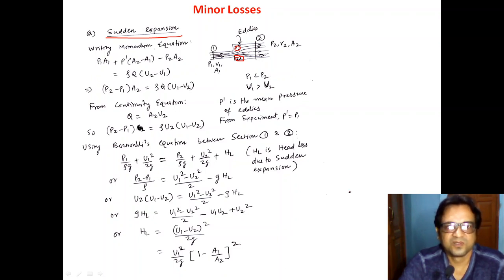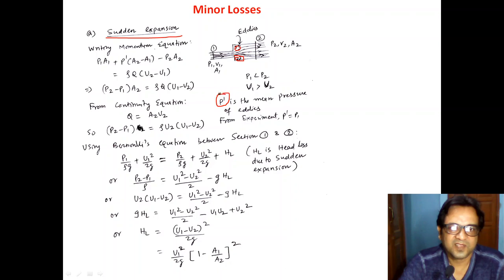So we can write down the momentum equation between section 1 and 2. The momentum equation means the rate of change of momentum is the sum of all forces along the direction of the flow.